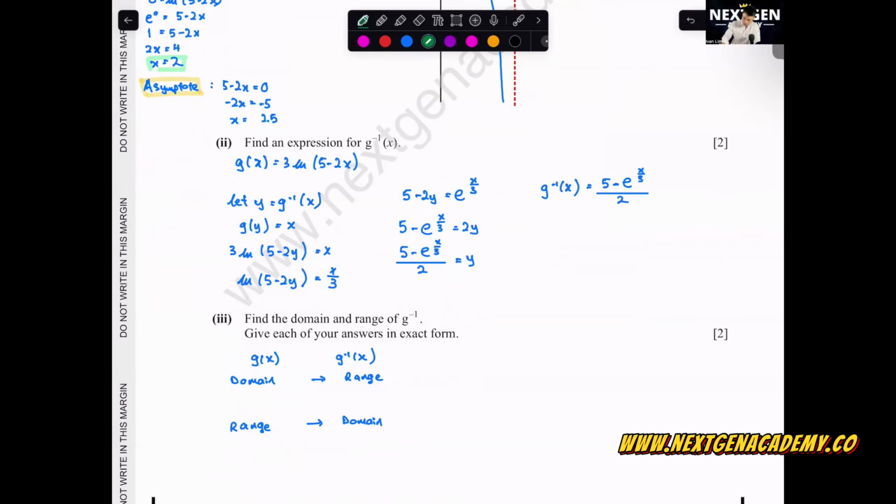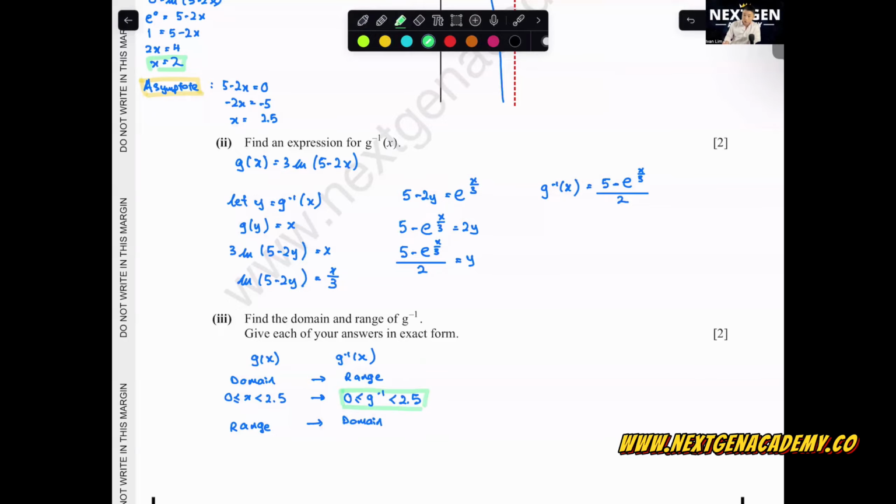The domain of G(x) is 0 ≤ x < 2.5. So we rewrite it as the range of G inverse being 0 to 2.5. This is your answer for the range.